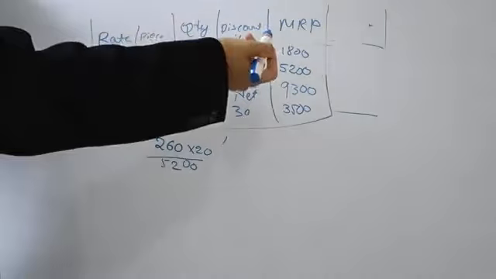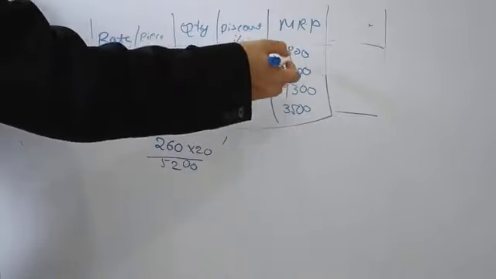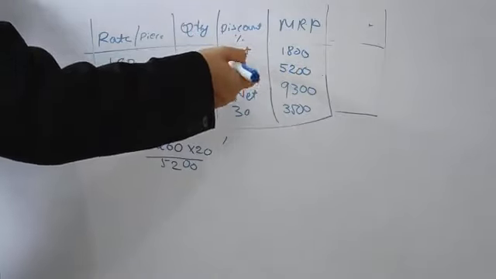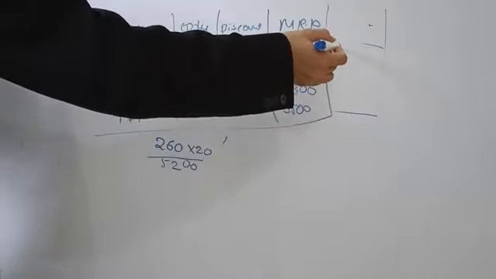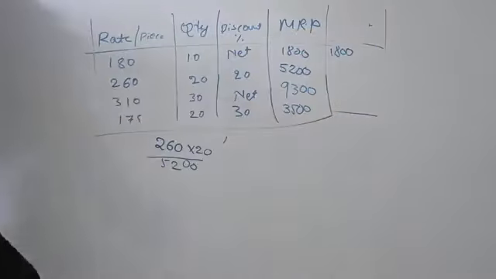Now we calculate the discount on MRP. For the first one there is no discount, so it remains 1800.